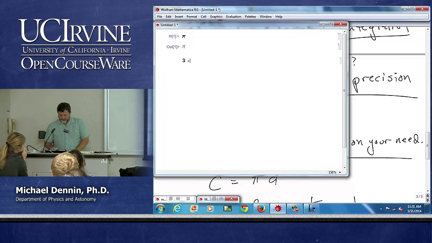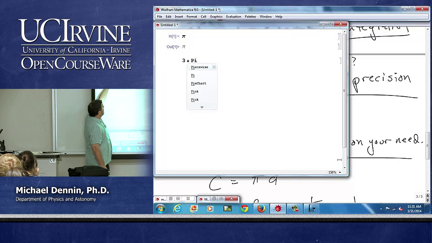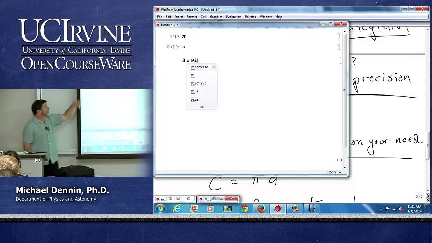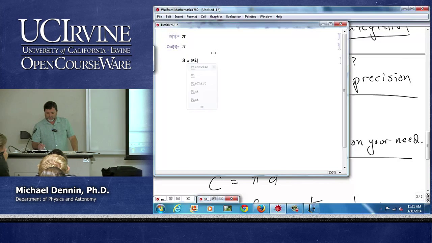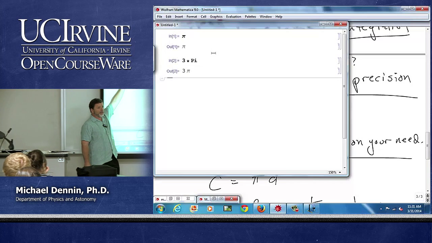If I do 3 times pi, which I can also get by typing capital Pi, Mathematica is pretty smart these days. In Mathematica 9, once you start typing something, it gives you choices, which is helpful because you can just select them. But I just want 3 times pi, and notice it tells me it's 3 pi.